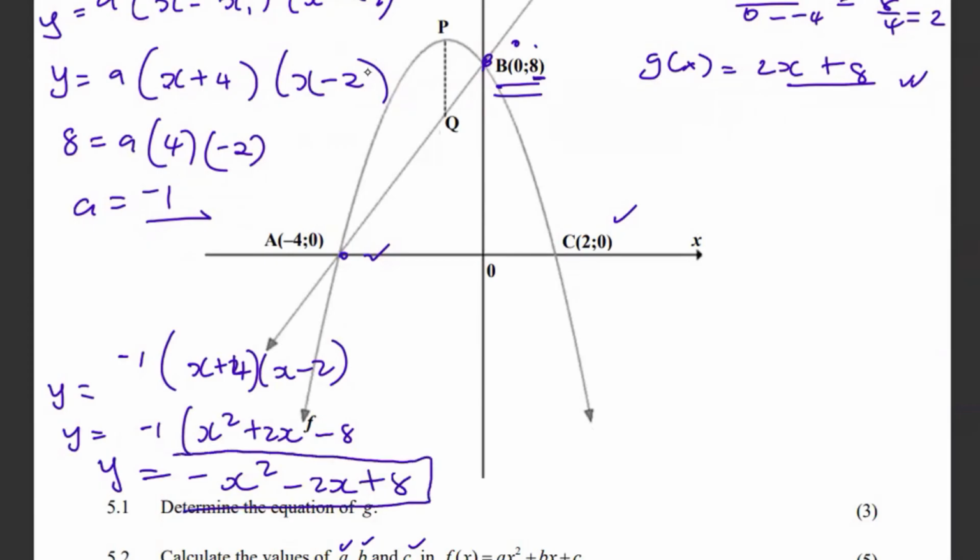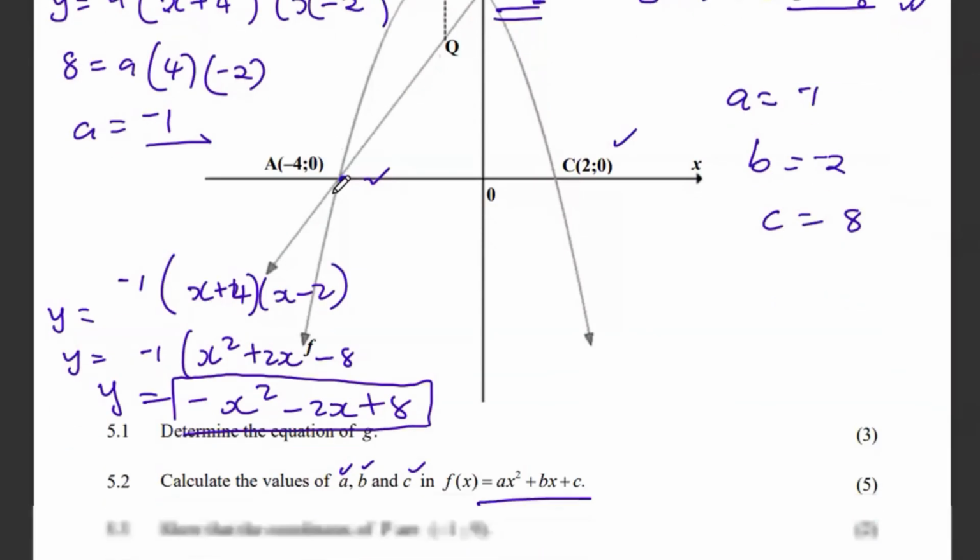So this is the equation that the question is typically looking for. But the question just needed the values of a, b, and c. So our a is negative 1, our b is negative 2, then our c is 8.